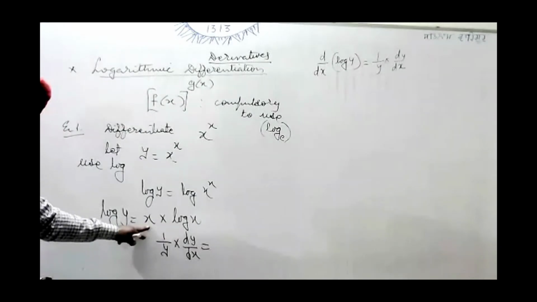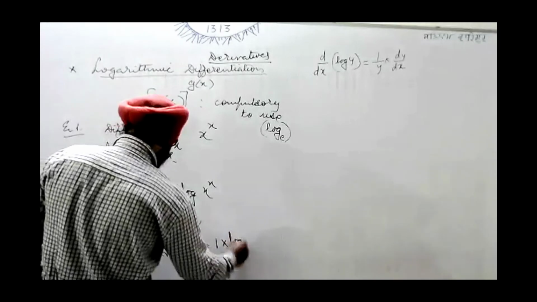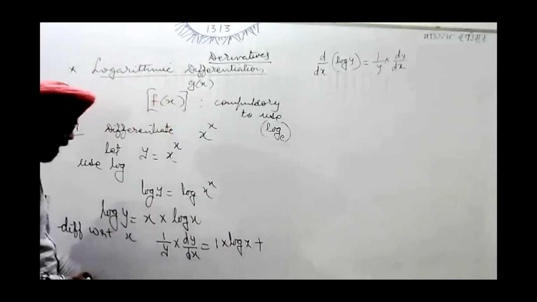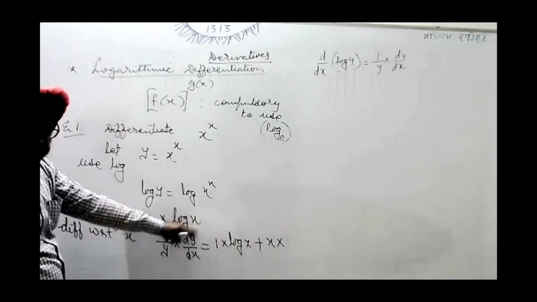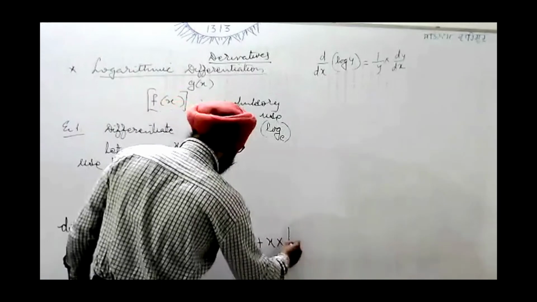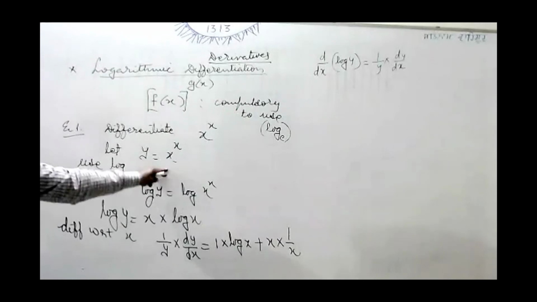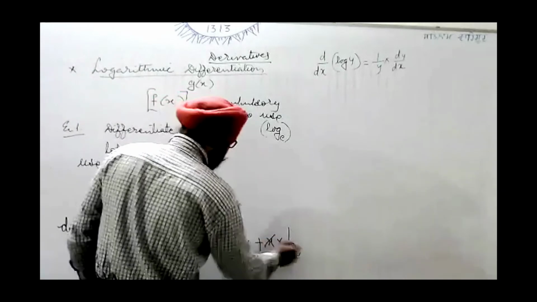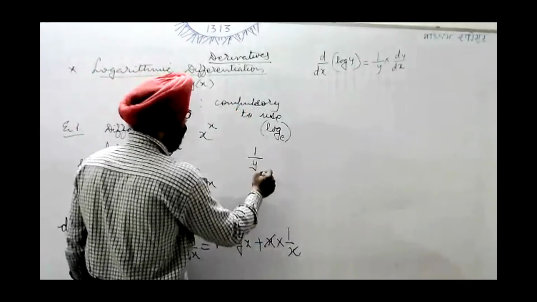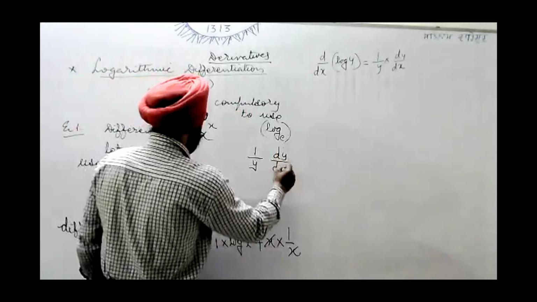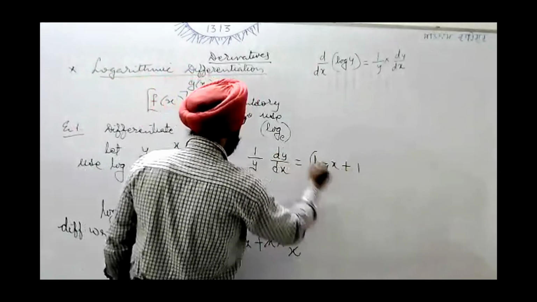So when you start differentiation of x, it is 1 into log x plus x as it is into the differentiation of log x. Yes, we know it's 1 by x. How simple it is. Check. After taking log, x into 1 by x cancels out. We get 1 upon y dy by dx equal to log x plus 1.